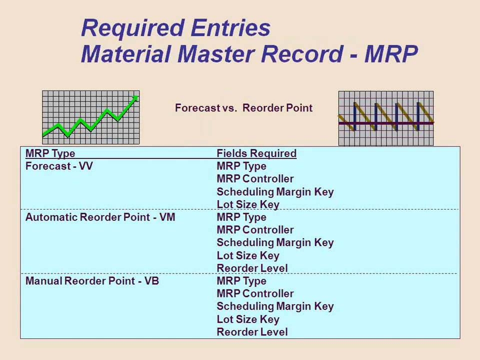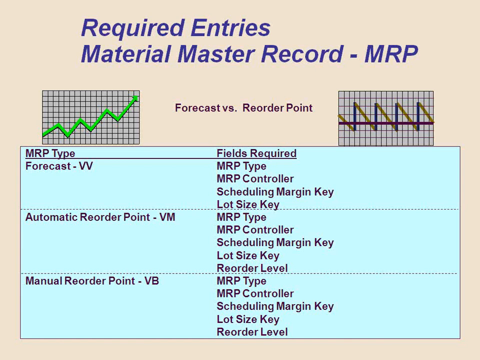Okay, the next thing is what are the fields required for the MRP. You have seen basic data 1 to purchasing, general plant data 1 to accounting, and so on. Now let's look at the MRP. What views are required for MRP and what fields are required in the MRP views.